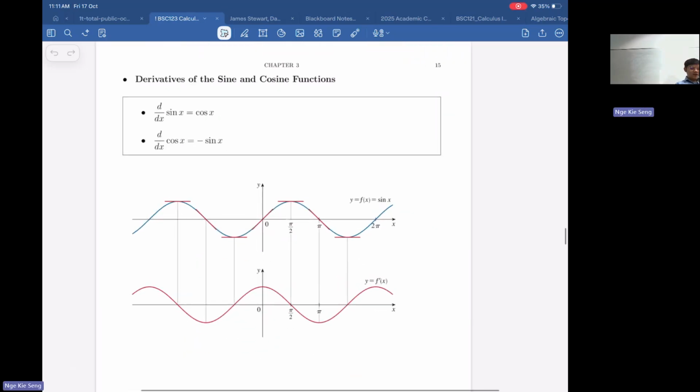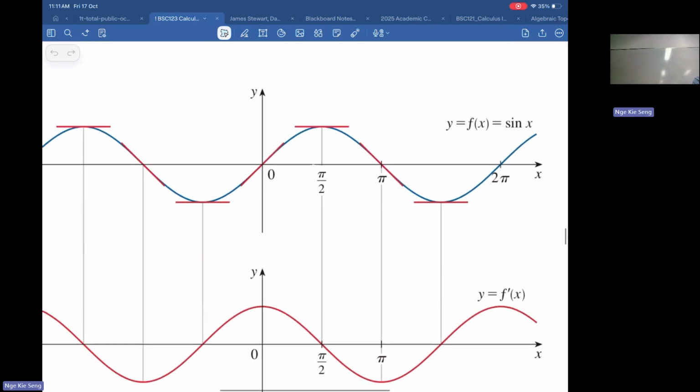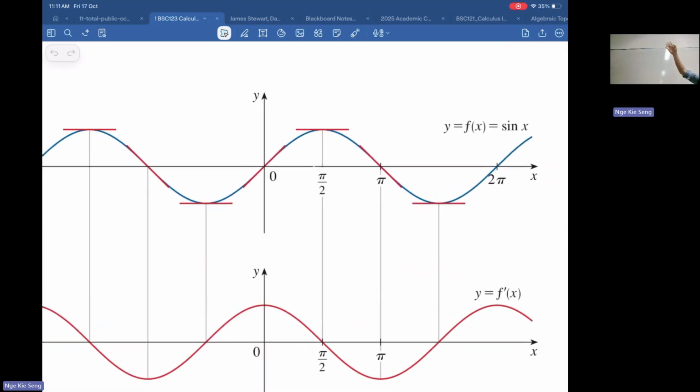If you plot out the graph and look at the sine x graph, you can see how your tangent line moves. The gradient moves exactly like a cosine function. So now you understand where your cos function comes from, because your cos starts at 1.